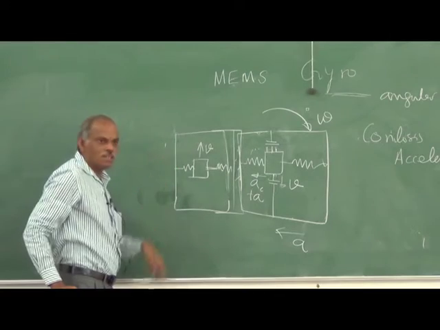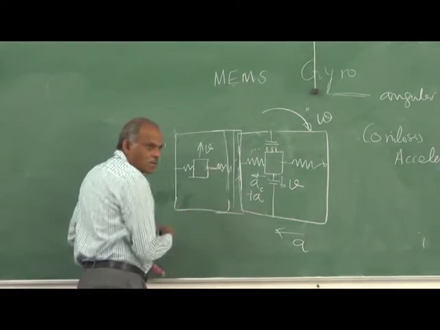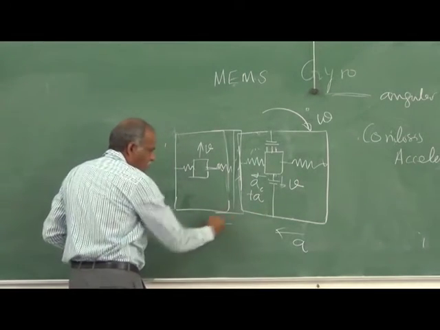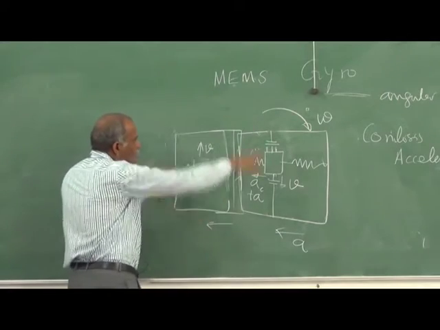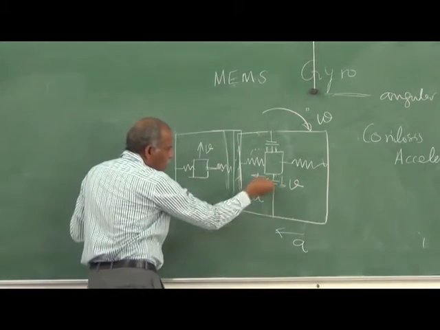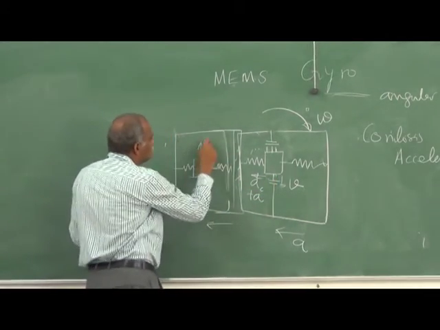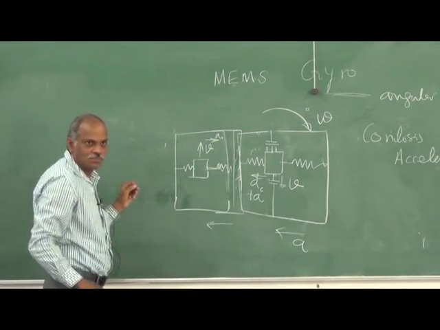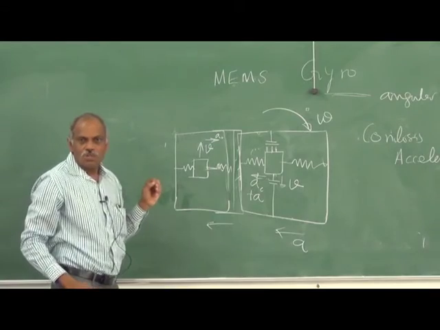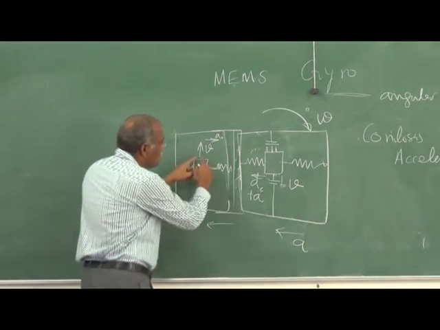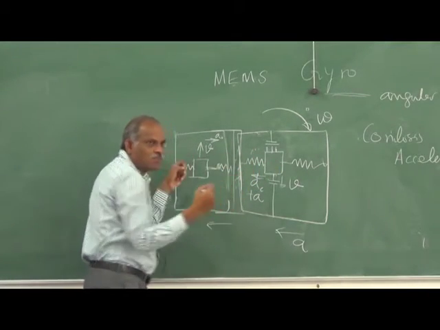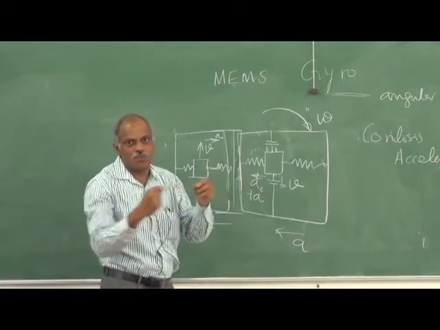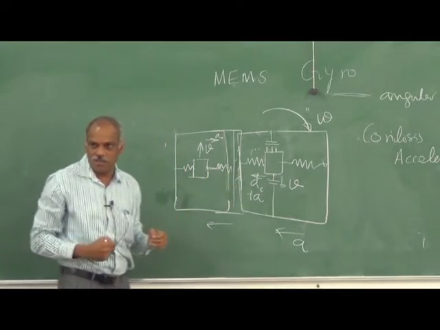It is allowed to move in this direction. When the whole thing is subjected to an acceleration, this will also be subject to the same acceleration. Both will be turned. Now you see the Coriolis acceleration in this direction, whereas Coriolis acceleration here is in the opposite direction. So now you take the output of these two displacements, subtract the output of those two displacements.